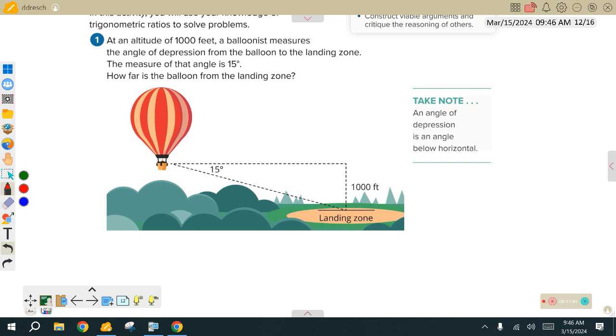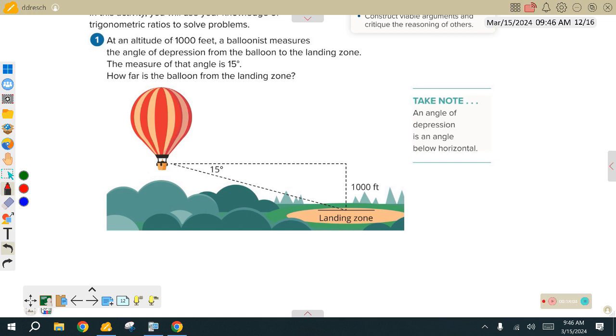As we've talked about the last few days, we have this imaginary horizontal line, where you're looking as it's coming down to its landing zone. That angle of depression is below that horizontal line. That's why they're showing 15 degrees below that horizontal.